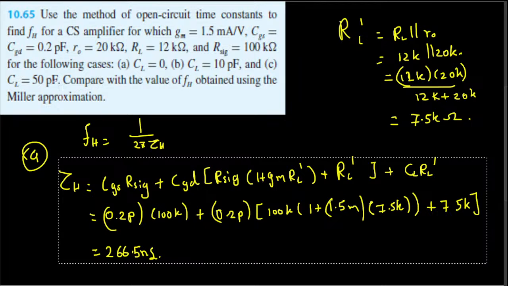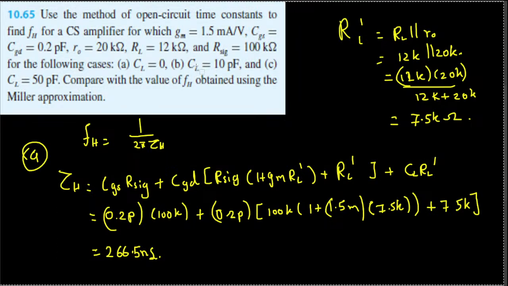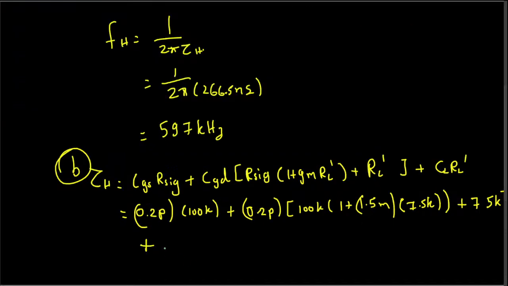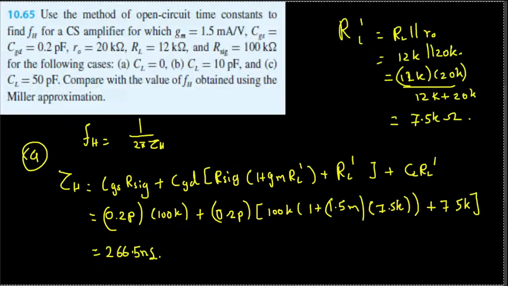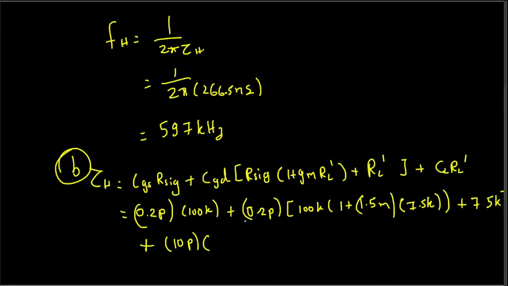They have provided CL for the second case to be 10 picofarad. So we have 10 pico right here, multiplied by the RL prime that we calculated, 7.5k. If you calculate this value, you're going to end up getting 341.5 nanoseconds.